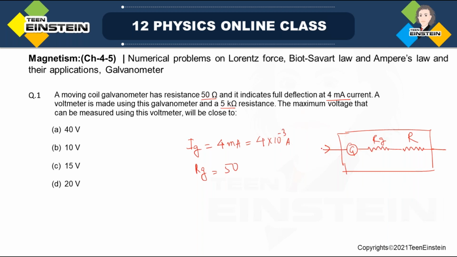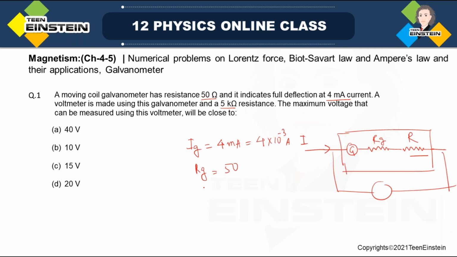So when the current flows through this, suppose total current is I, but how much current will flow through this? Since this R is in series with Rg, whatever current flows through this galvanometer will pass through this also. So the voltage drop across this will be the voltage drop across this galvanometer plus across this resistor.